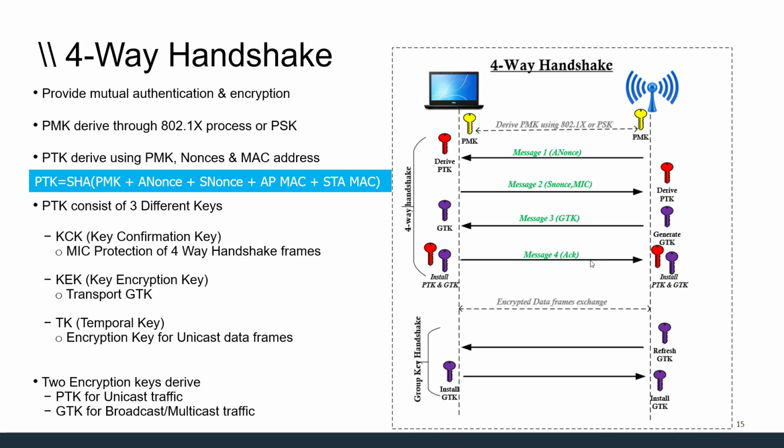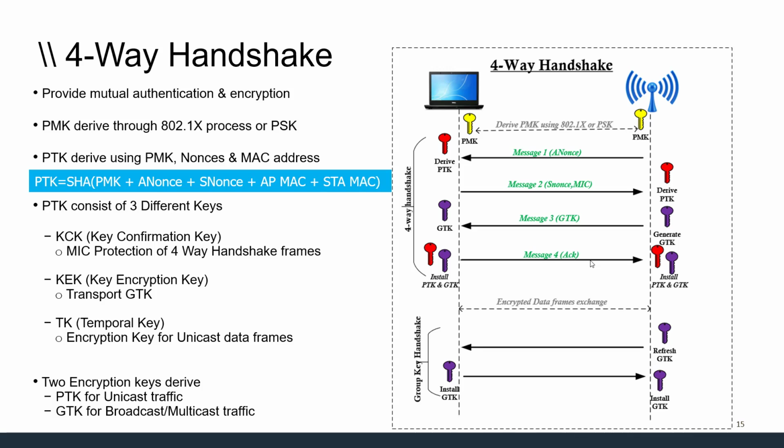If you remember well, we discussed that there are two different types of frames, what we call management, broadcast frames and unicast. Broadcast frames are intended to go to all clients in the cell, so that key has to be shared with all the stations in the cell. That way you have to use a different key for unicast traffic encryption.